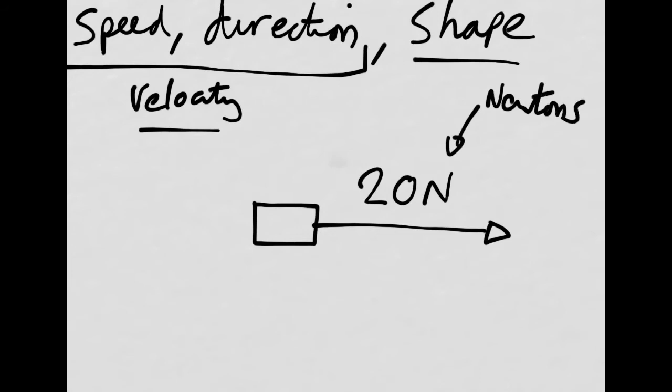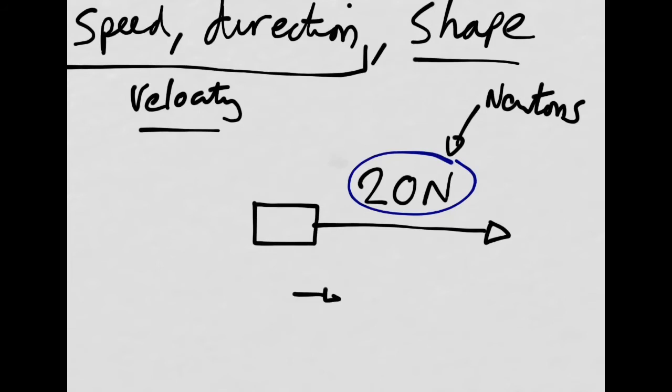So imagine I exert a 20 Newton force on this block. Okay, it's going to want to change speed. It's going to want to speed up that way, and it's going to speed up. So this is going to change the object's speed. What do you notice about this? I've got the size of the force, the magnitude of the force on the block.